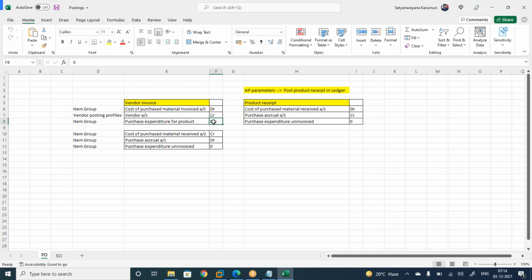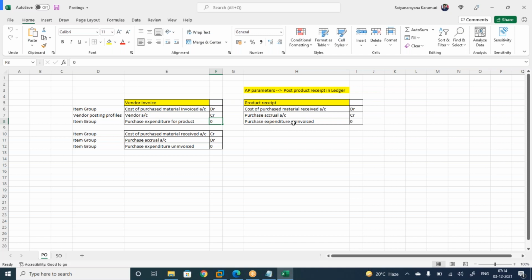If it is import, the exchange rate between Australian dollar versus INR, or US dollars versus INR, is one price, and at the time of invoice there is a different price. Those differences will be posted as purchase expenditure for product, but I will discuss the details later. It is too early for you to understand now.